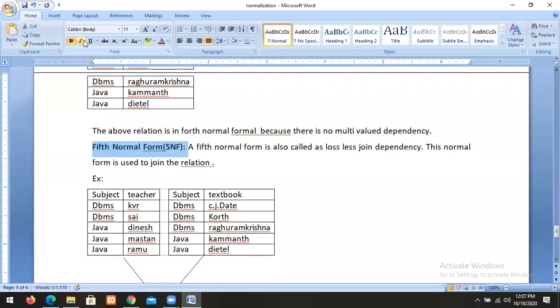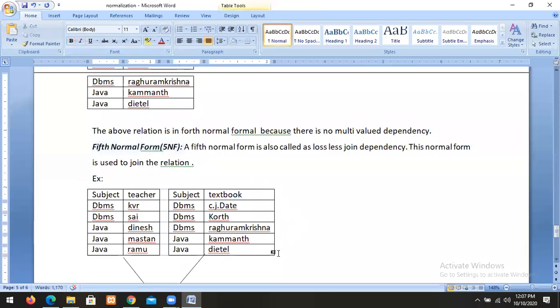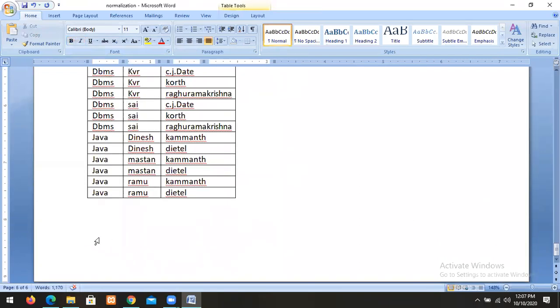So this is about normal forms. Based on the theory, we can write it. So these are the different normal forms.